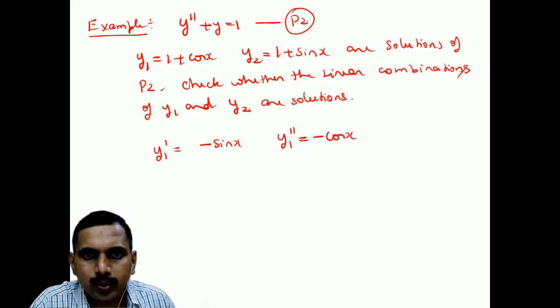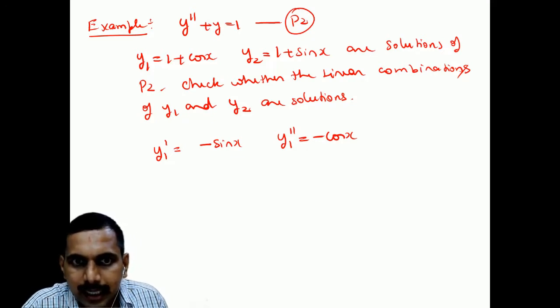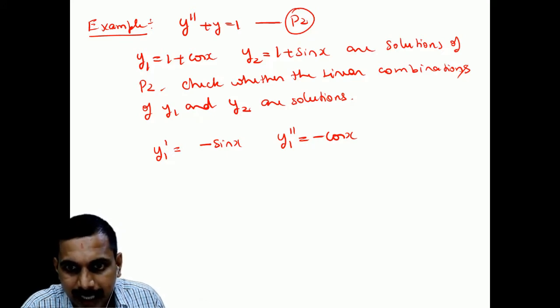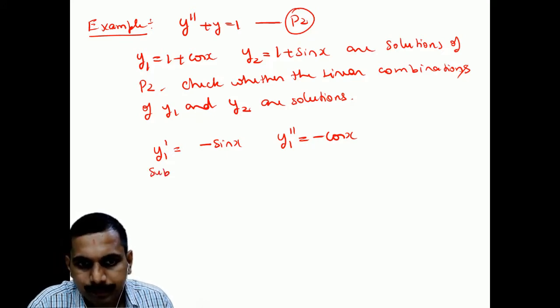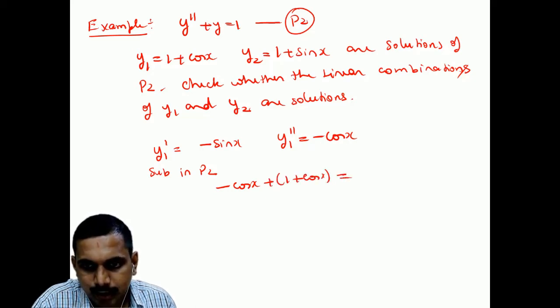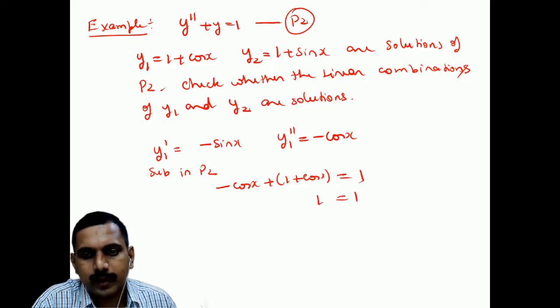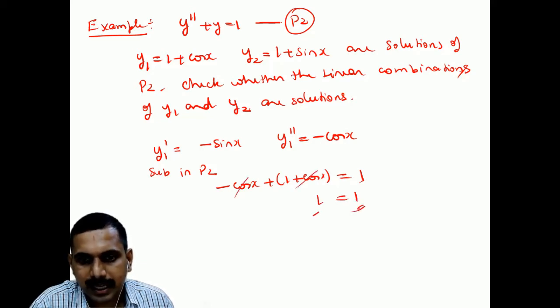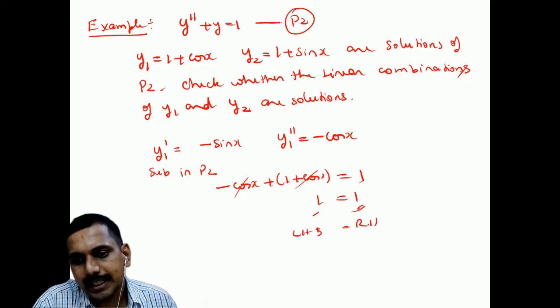Now we substitute into equation P2. y double dash is minus cos x, plus y, which is 1 plus cos x, and you will see that it is equal to 1, because cos x cancels, so LHS is equal to RHS, so it is a solution.